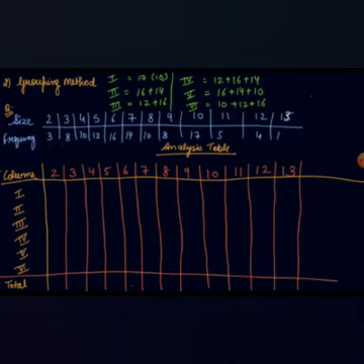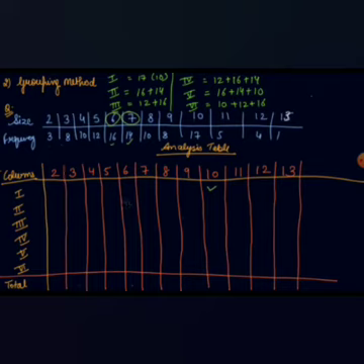Now, in the first column, we had 17 as the highest frequency, and that was corresponding to the size 10. So we will take 10 in the first. In the second column, we had 16 plus 14 as the highest frequency, right? So 16 and 14 are corresponding to 6 and 7.